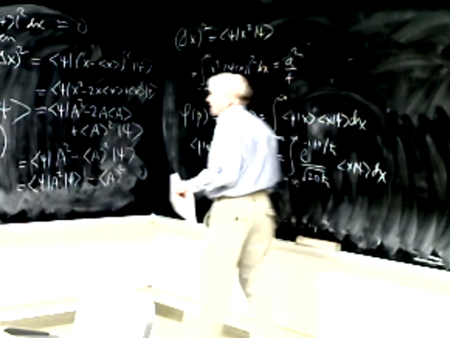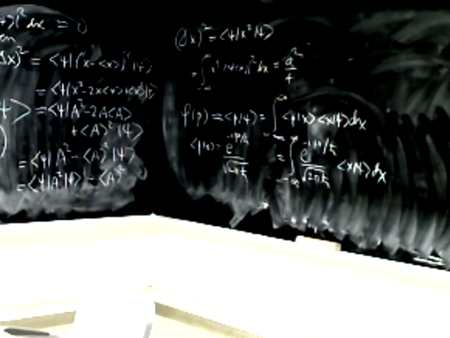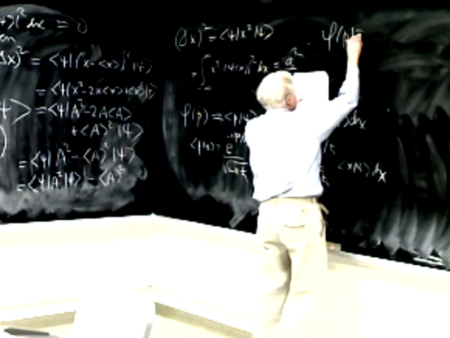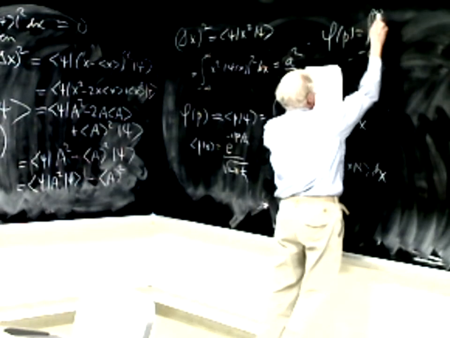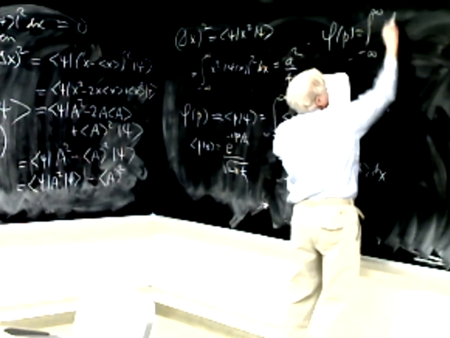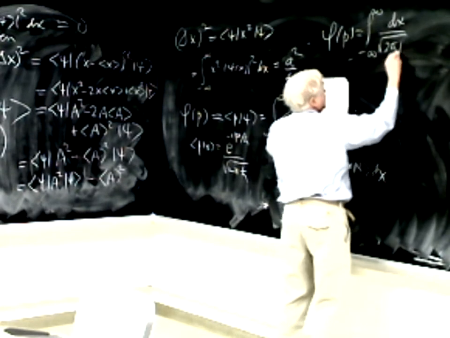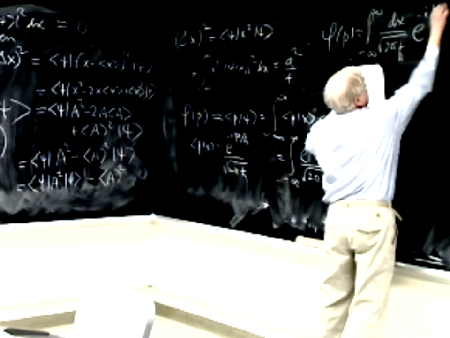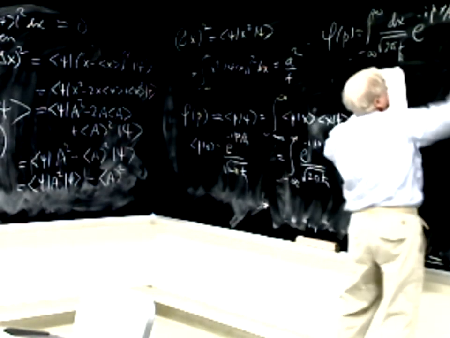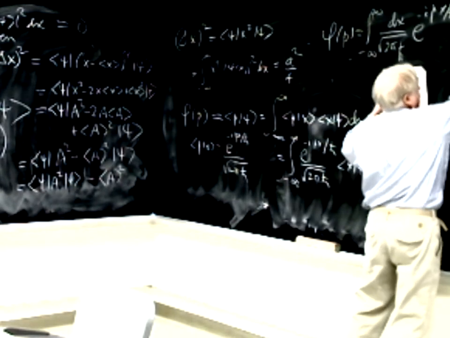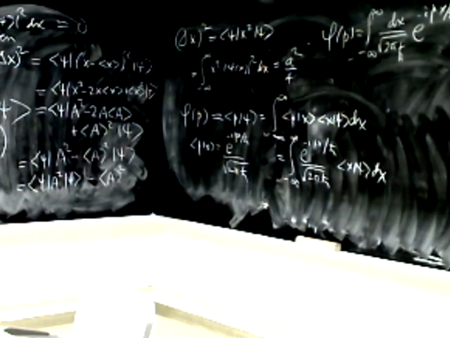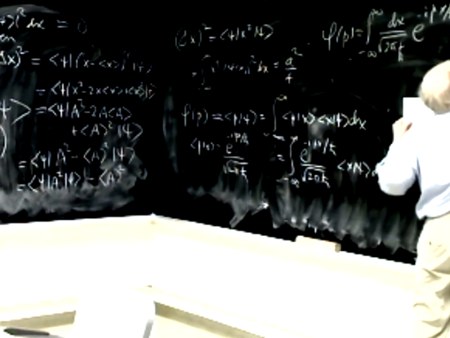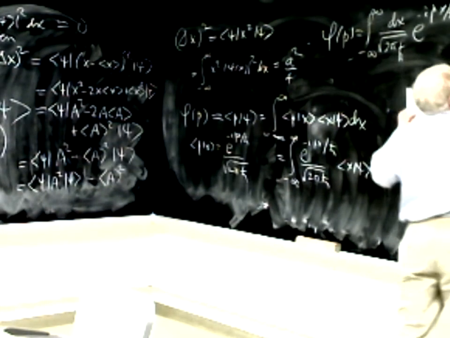So substituting in this expression for psi of x, we get that psi of p is the integral from minus infinity to plus infinity dx over root 2 pi h bar, e to the minus i p x over h bar, times (2 over pi) to the 1/4, e to the minus (x over a) squared divided by the square root of a.